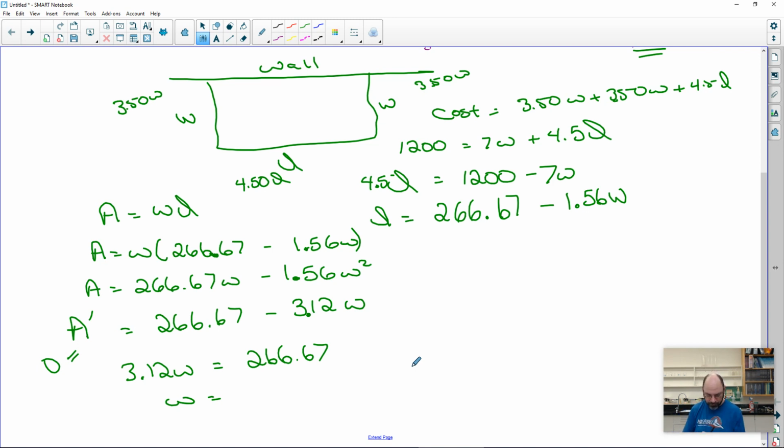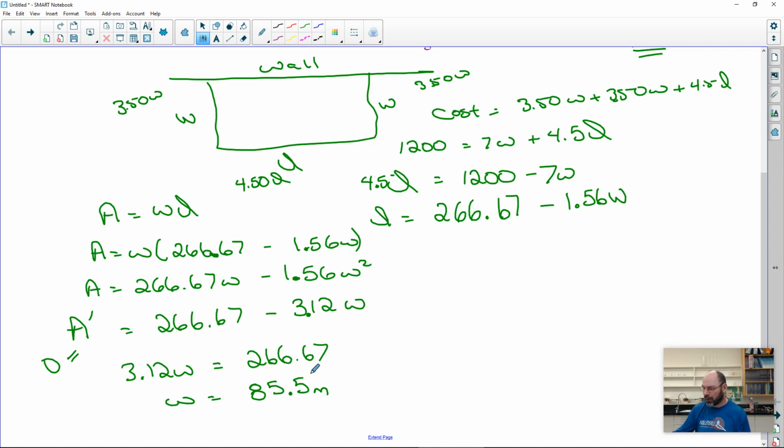So we go 266.67 divided by 3.12. Okay, and we've got 85.47, which we'll say 85.5 meters.